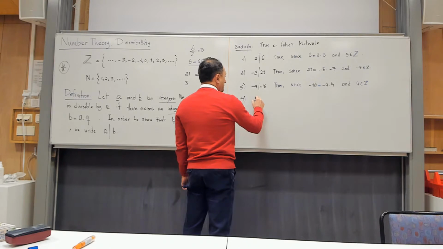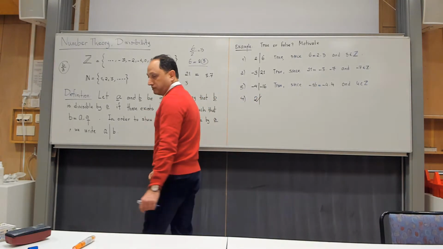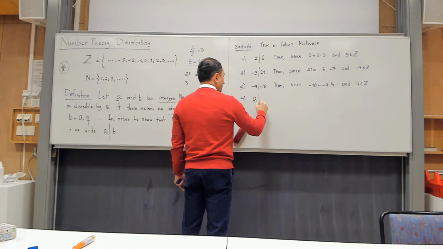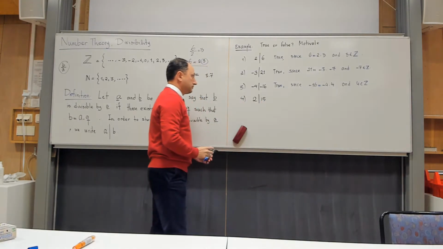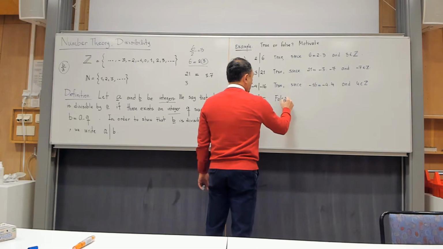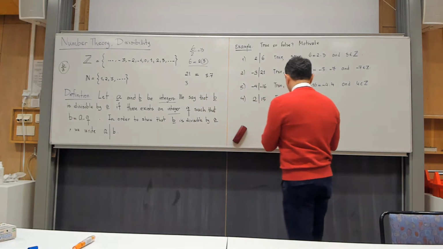Okay, and then let me just write one more at least, number 4. 15 is divisible by 2. Is this true or false? False. Why? Yes, because, let me write it in this way.